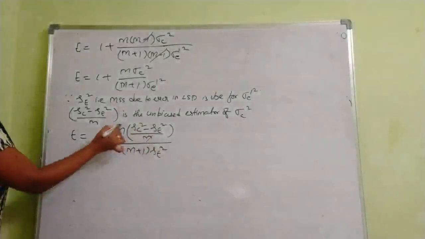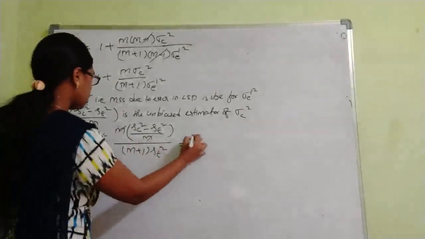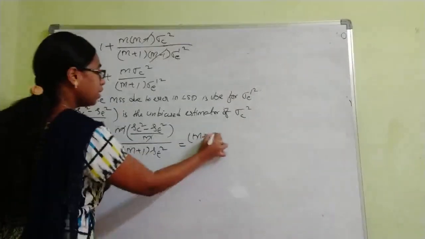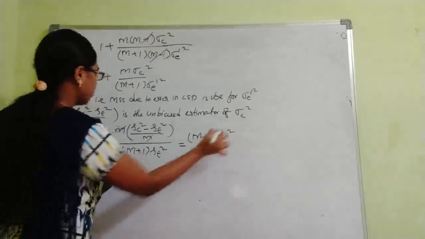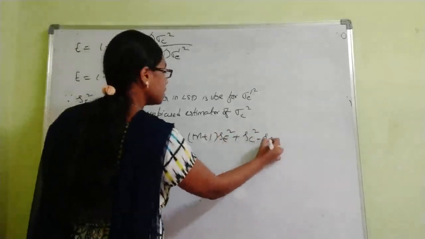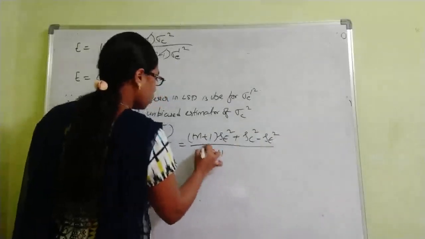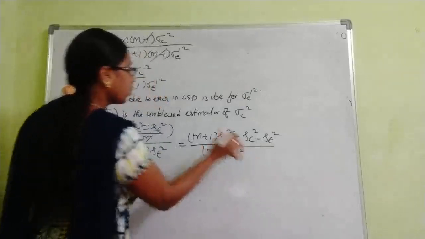Here m and m get cancelled. Take the LCM, which is m plus 1 into SE square plus SC square minus SE square, divided by m plus 1 into SE square.